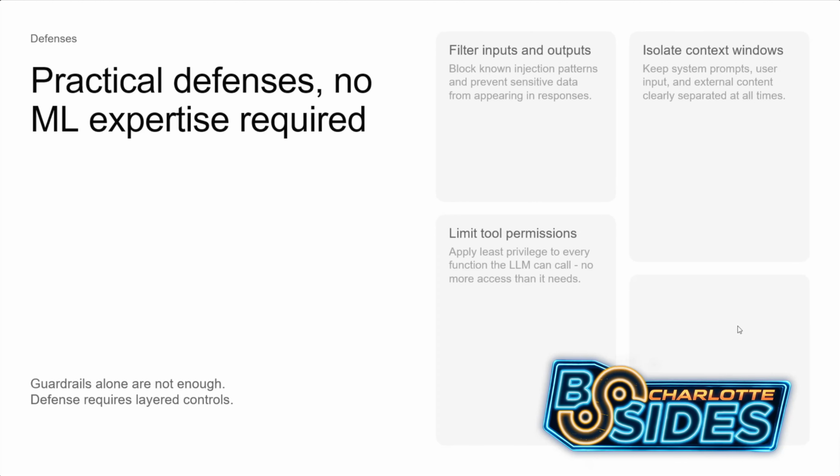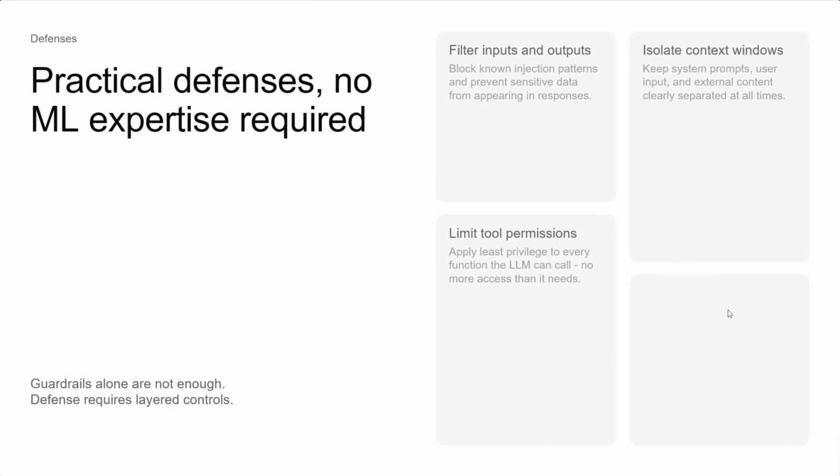If your model can send emails, query databases, or trigger actions, then every one of those is an attack surface. Give it only the minimum access it absolutely needs. And fourth, require human approval for sensitive actions. Things like sending messages, executing transactions, accessing confidential data. The model should assist and not act independently.